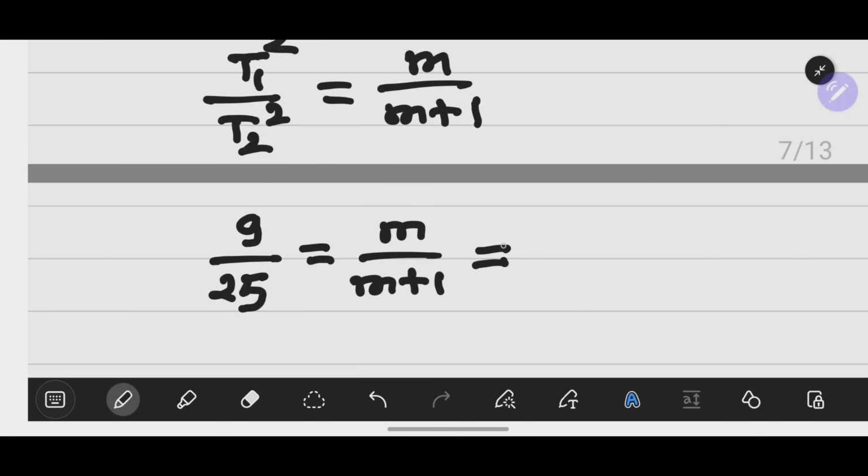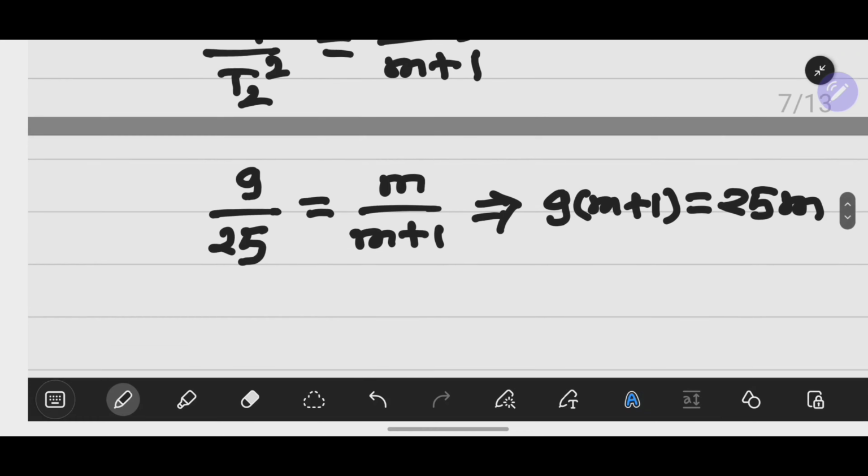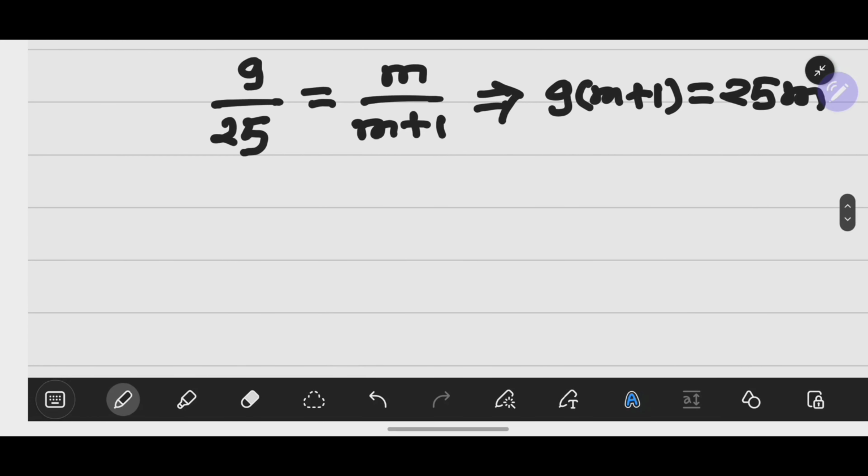Cross multiplying, 9 into (m plus 1) equals 25m. So 9m plus 9 is equal to 25m.